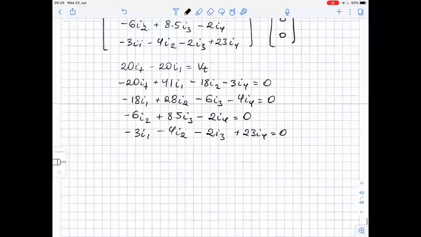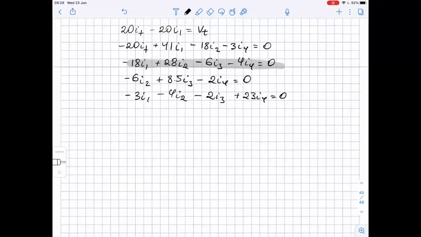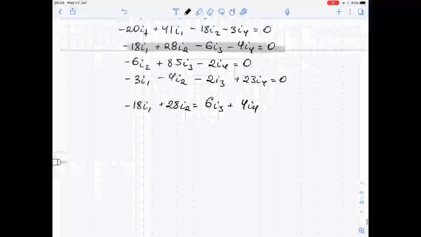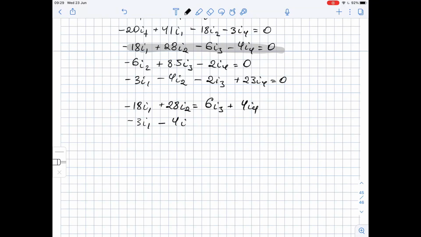Well, then from the third equation, this one, we get that negative 18 I1 plus 28 I2 equals 6 I3 plus 4 I4. And from the fifth equation, we get that negative 3 I1 minus 4 I2 equals 2 I3 minus 23 I4.